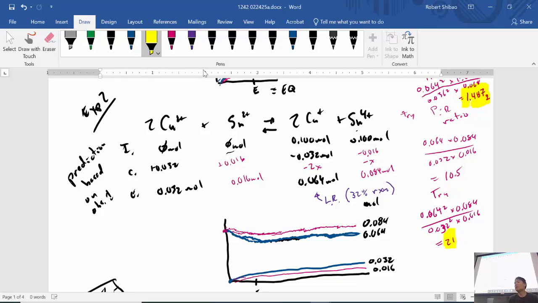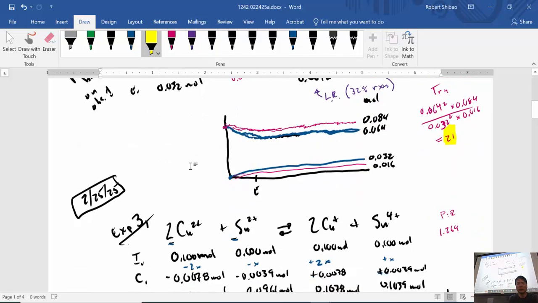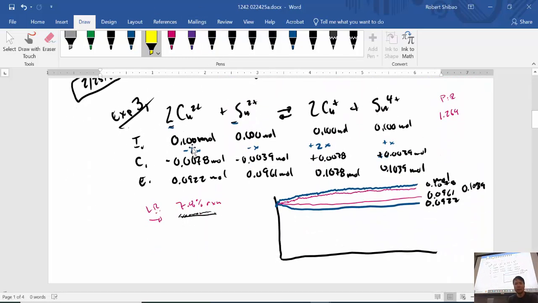So can we make a prediction what the next ratio should be? 42? Did you calculate it? Or are you predicting it? Predicting it? All right, let's test your prediction. 42. And so we'll try this. I'm not going to write out the equation.